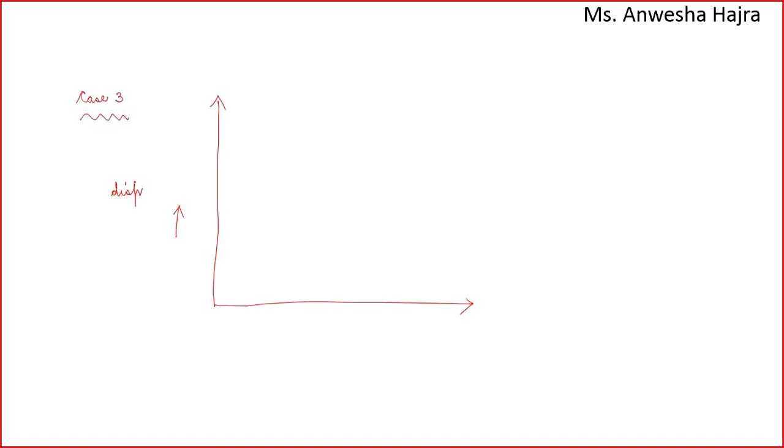This is displacement in meters. This is time in seconds.